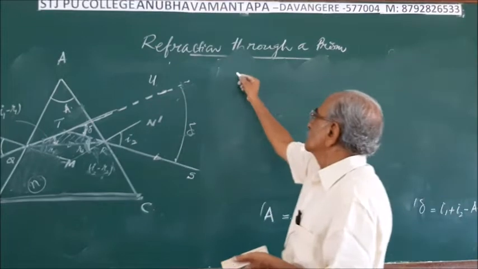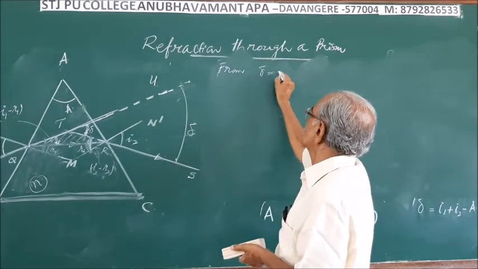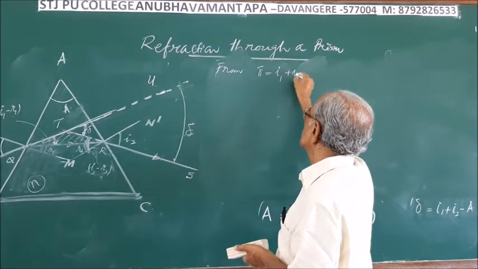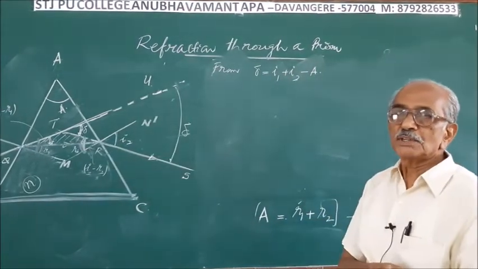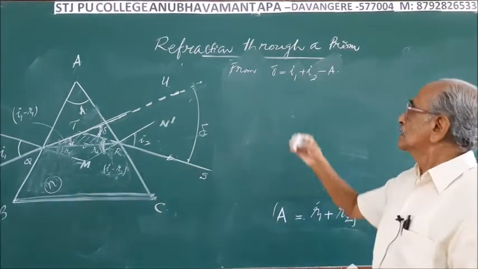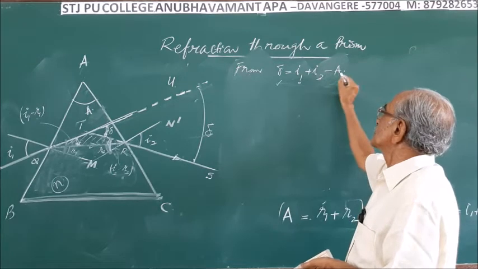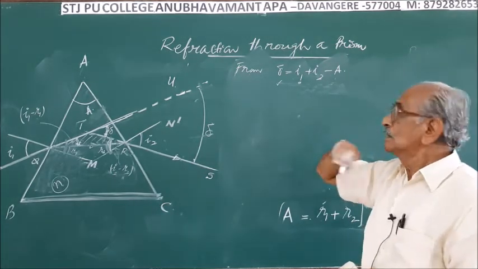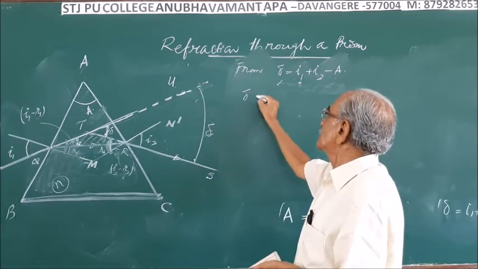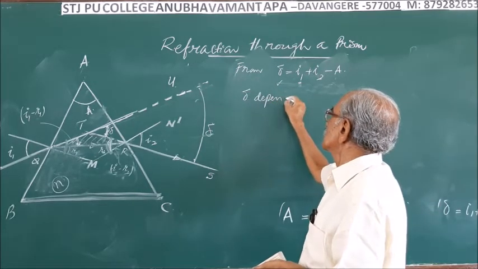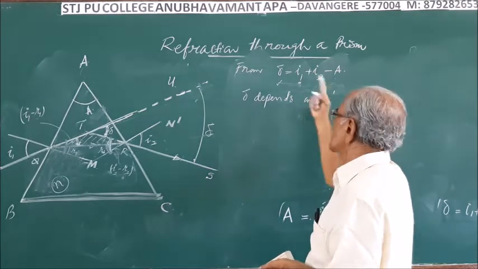Look at this equation. The deviation delta is I1 plus I2 minus A. Now we find that delta is a function of the angle of incidence, because A is fixed. Delta depends on I, whether it is I1 or I2.